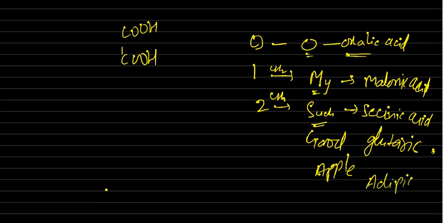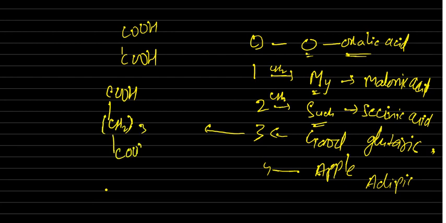Now glutaric acid: whenever there are 3 carbons, in between COOH and COOH, how many CH2 groups? 3 groups are there, then that name is glutaric acid. I am telling about common names; these all are common names.